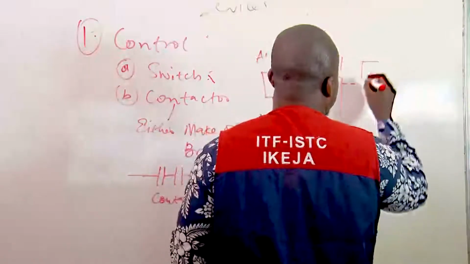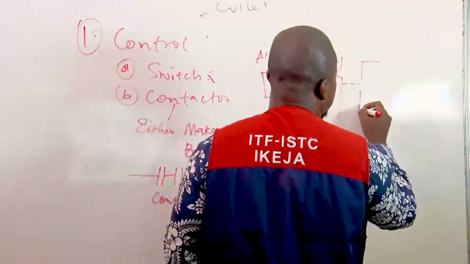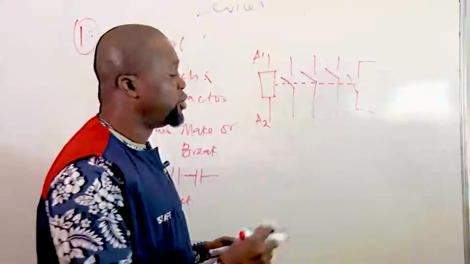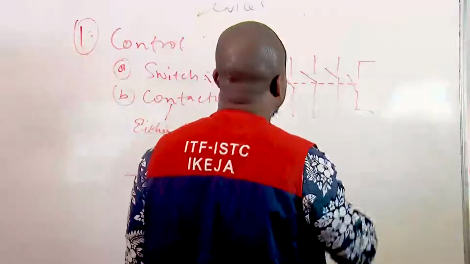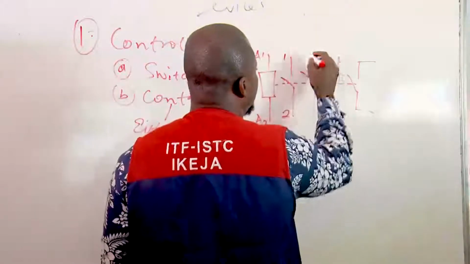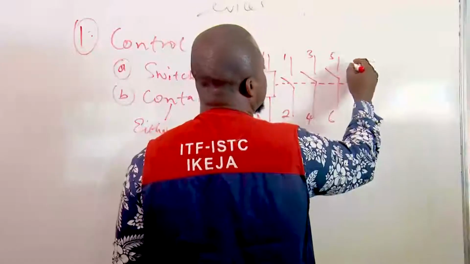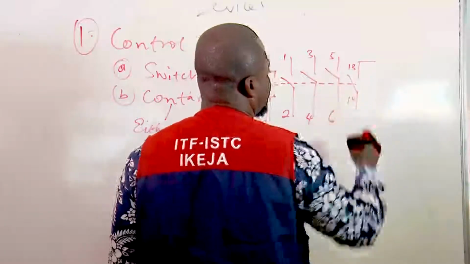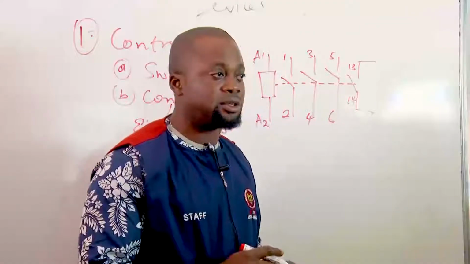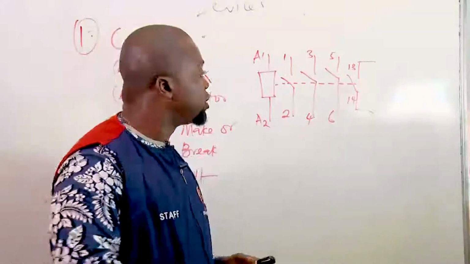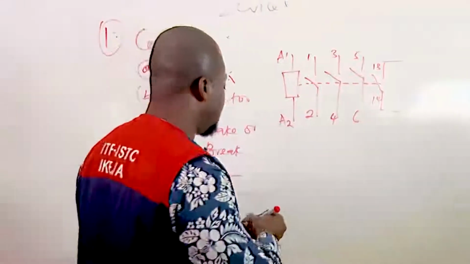Normally, as the manufacturer designs, this is 1, 2, 3, 4, 5, 6. Basically, this is usually 13, 14. That is the auxiliary contact. This is the inbuilt symbol for a contactor. This is the coil.